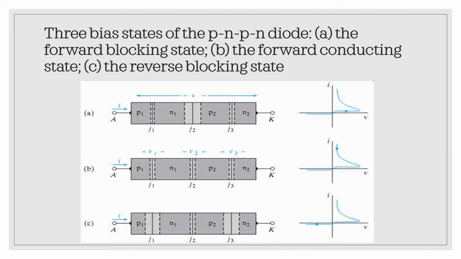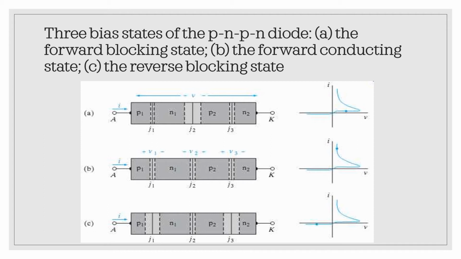The transfer of injected carriers across J2 is regenerative in that a greater supply of electrons to N1 allows greater injection of holes at J1 while maintaining space charge neutrality.